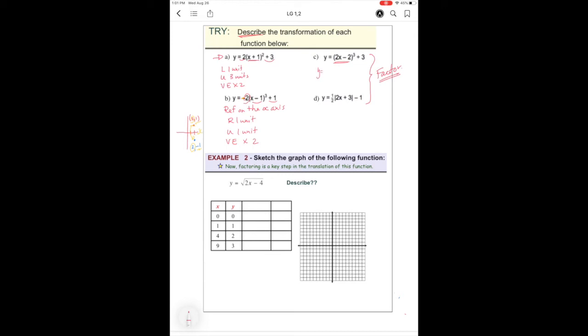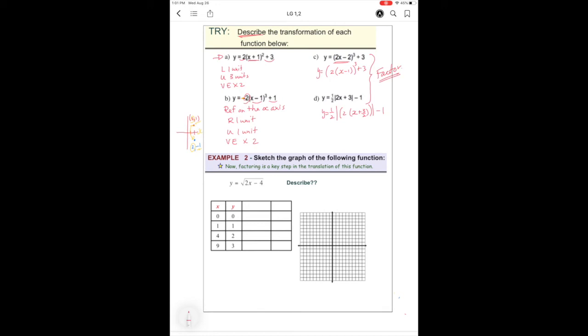So you're going to go y equals 2 bracket x minus 1 bracket plus 3. All right, so this guy, y equals 1/2 bracket 2x plus 3 over 2 bracket minus 1. All right, so that's what you have to do first before you describe.